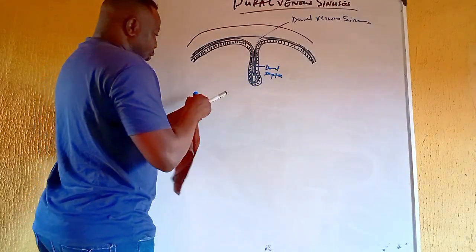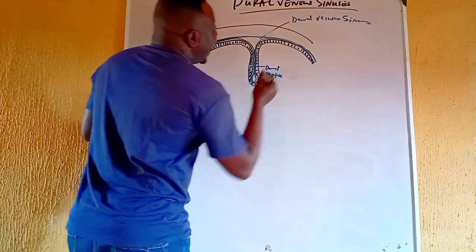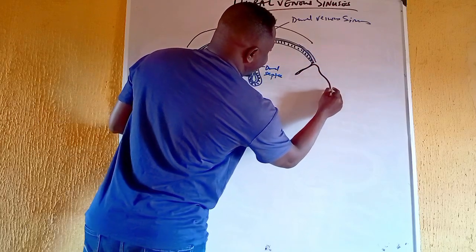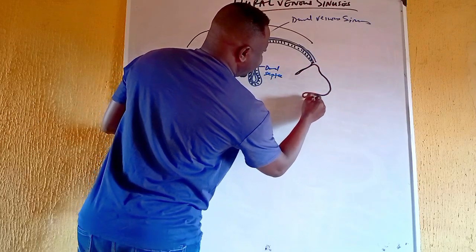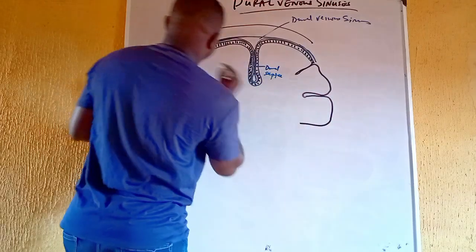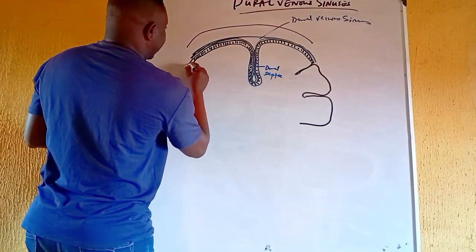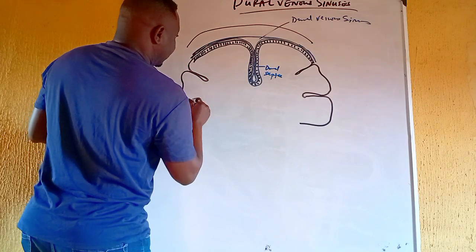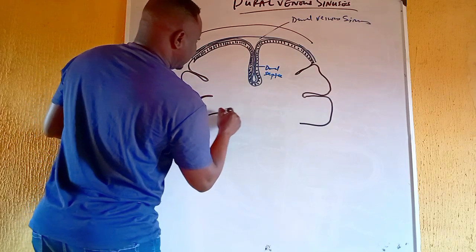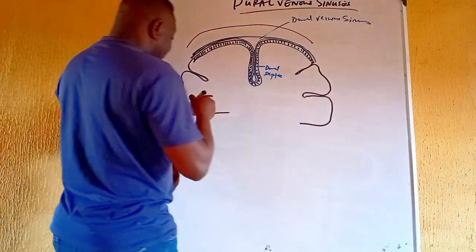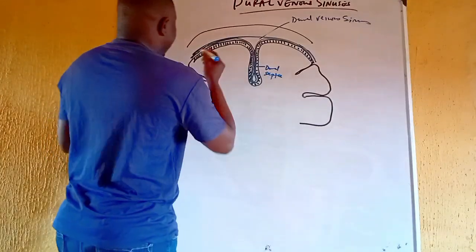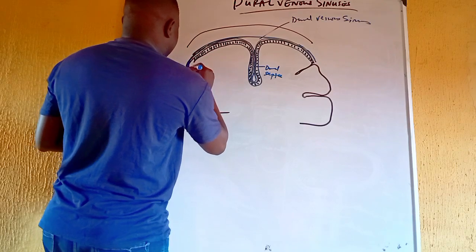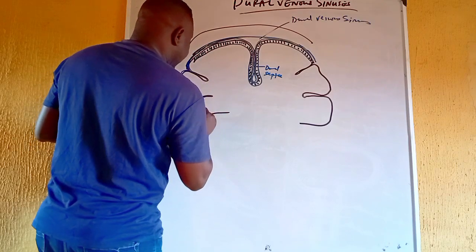Okay, let me also draw some of the gyri of the brain so that we can appreciate it better. So, like I said, the first layer is known as the dural mater. It extends down.